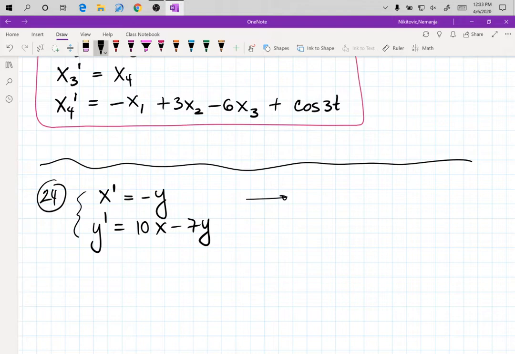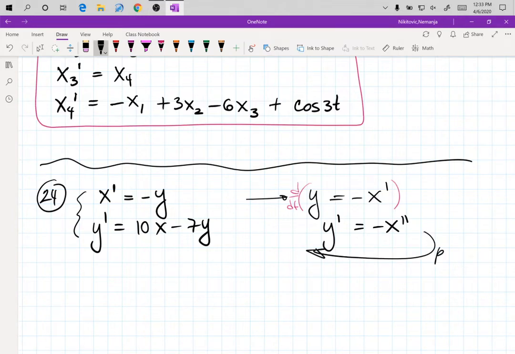So from the top, I have that y is equal to negative x prime. Then I differentiate both sides d/dt, and I get that y prime is negative x double prime. And then I just plug in. So instead of y prime, I have negative x double prime equals 10x minus 7 times, and instead of y, I have negative x prime.